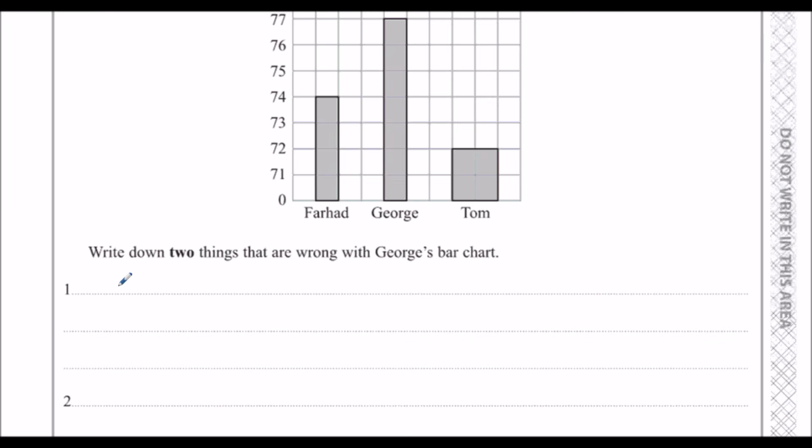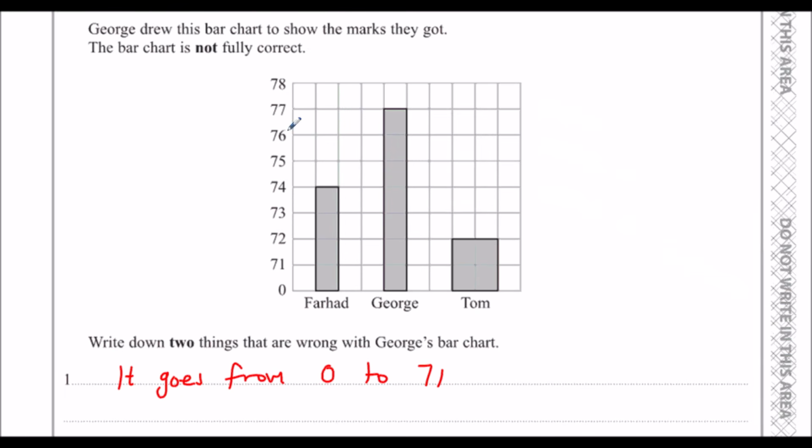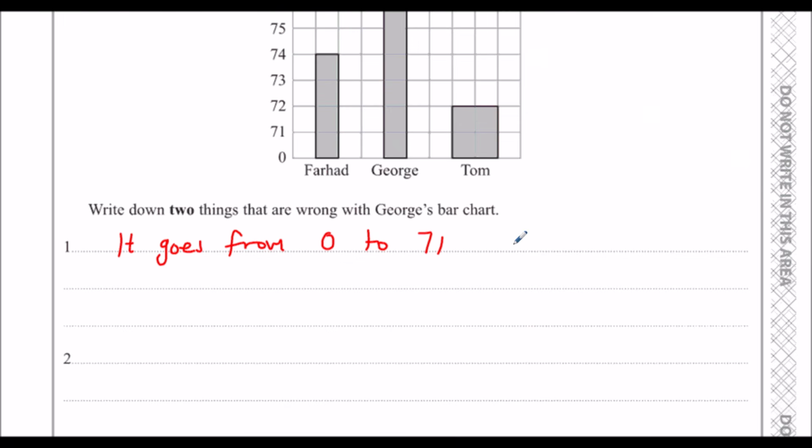So it goes from 0 to 71. And it's not labeled either. So it should say marks, but it doesn't, on the vertical axis.